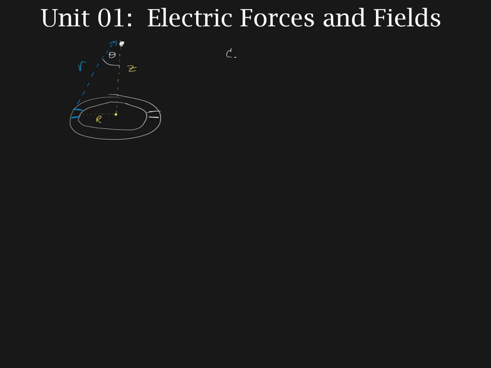So for our constants, we have the radius of the ring, capital R, that's going to be a constant. The distance from the center of the ring above it is also a constant. The angle that is made by the field vector is going to be constant as well, because you're always the same distance from the edge of the ring.